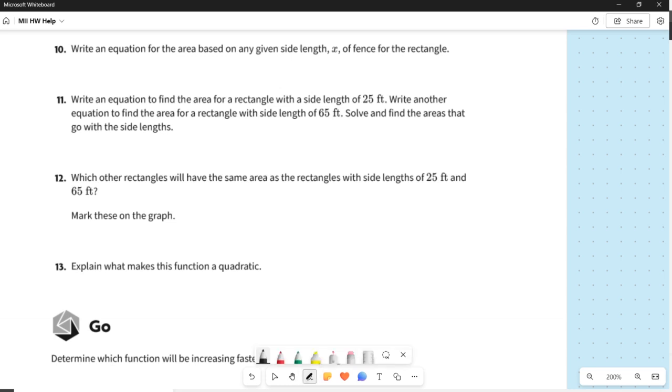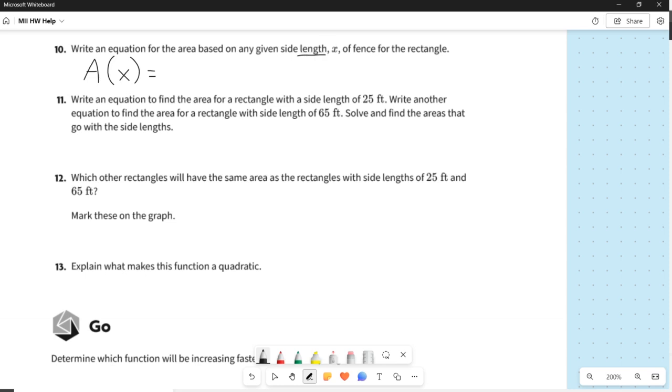We'll use function notation here, and the name of the function we'll call capital A. So this is function A, and it's saying that our input is going to be x. So we're going to say A of x. This is our area function, our area equation. And in this case, x represents the length.